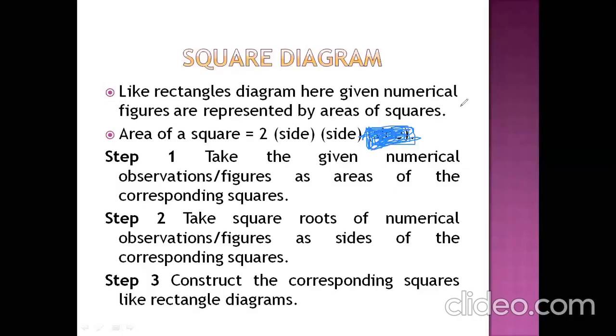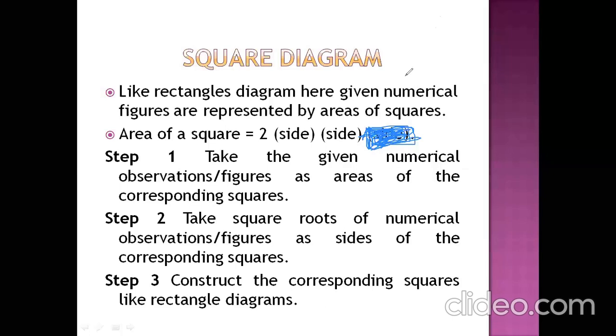So coming to the second two-dimensional diagram, that is the square diagram. Like rectangles, square diagrams will be drawn. A square diagram is also known as a two-dimensional diagram representing area. Square diagrams are used specifically if we wish to compare values that differ significantly from one another.